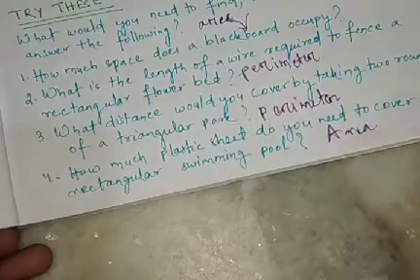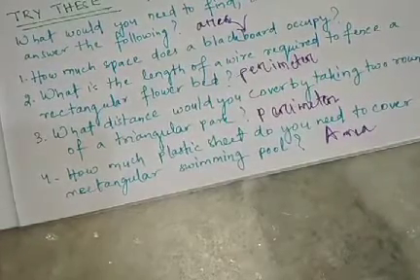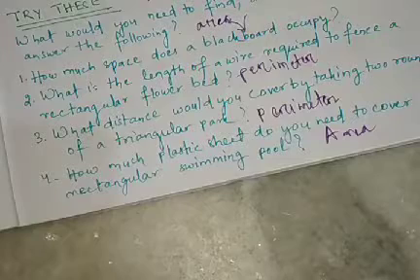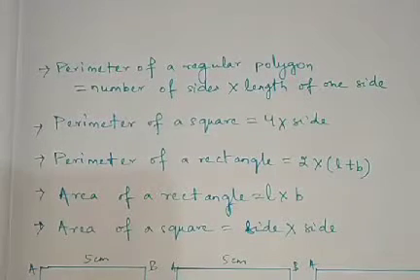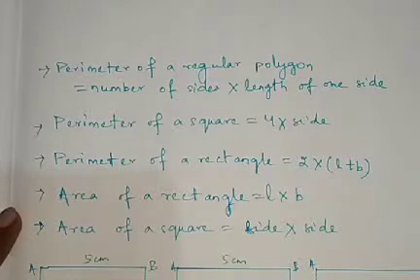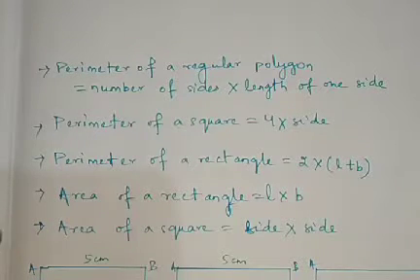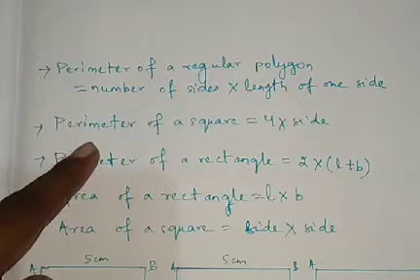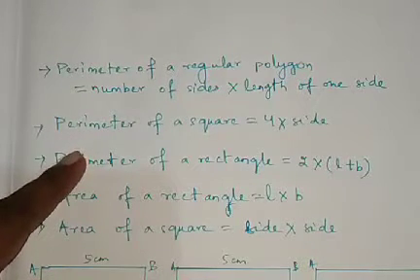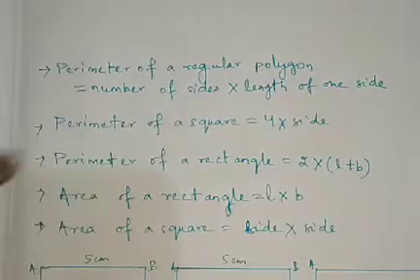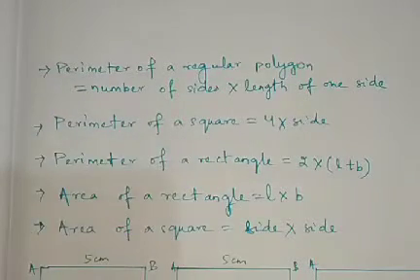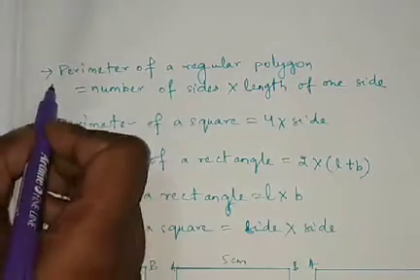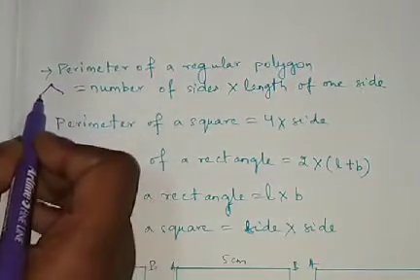Amount of plastic you need to cover the swimming pool. This is about your try this; you can do it by yourself. Let's recall what we have studied in last class. Perimeter of a regular polygon equals the number of sides into the length of one side, because in a regular polygon all the sides are equal.